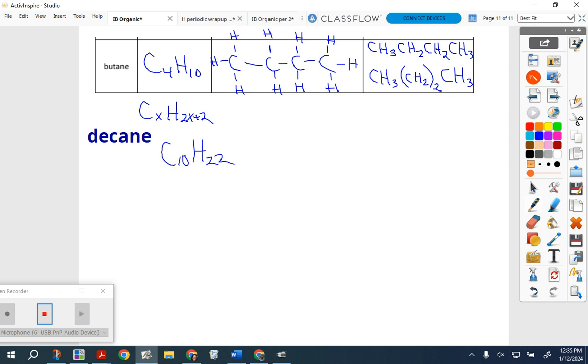And then what is that condensed structural formula going to look like? What are we going to start with? Okay, yep, we're starting with CH3. What comes next? CH what? What comes after the parentheses?